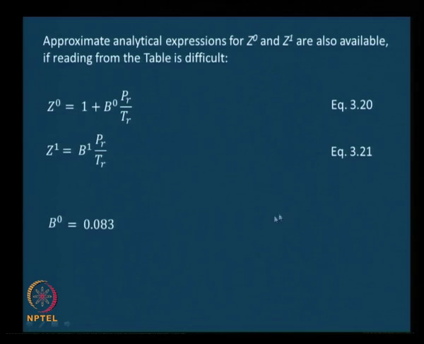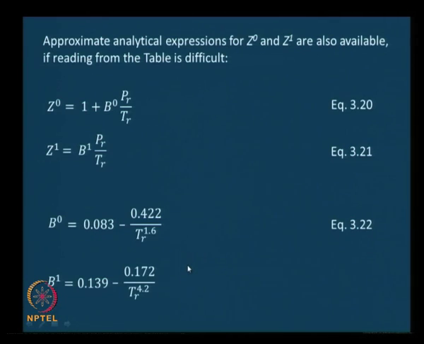B0 is 0.083 minus 0.422 divided by reduced temperature to the power of 1.6, equation 322, and B1 is 0.139 minus 0.172 divided by reduced temperature to the power of 4.2, equation 323.